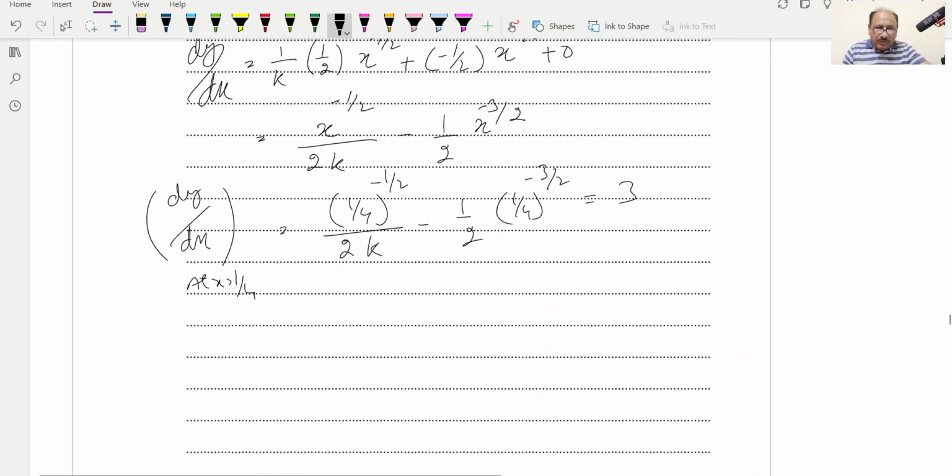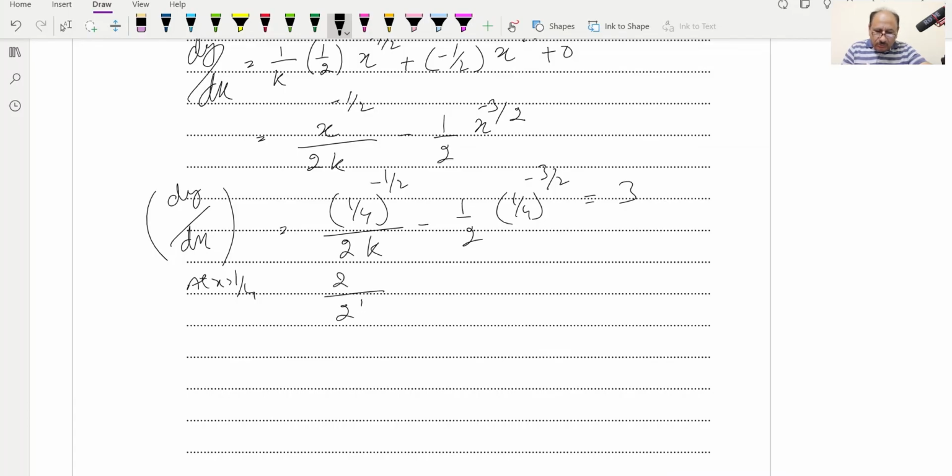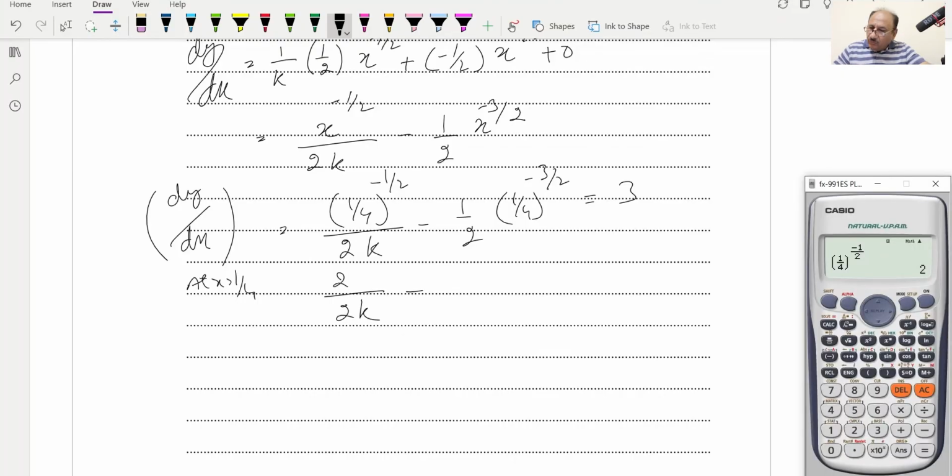So now we can find the value of k. (1/4) raised to the power minus 1/2 will give us 2, so it will be 2 over 2k, minus (1/4) raised to the power minus 3/2, which will give us 8.